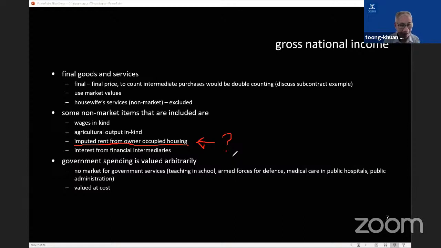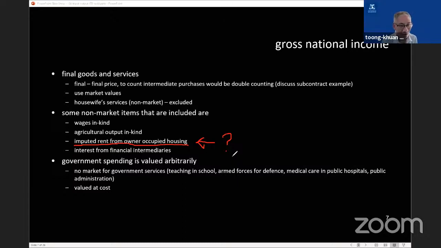You are renting the house from yourself. You pay rent from one pocket to another pocket, but both pockets belong to you. It's the same asset.